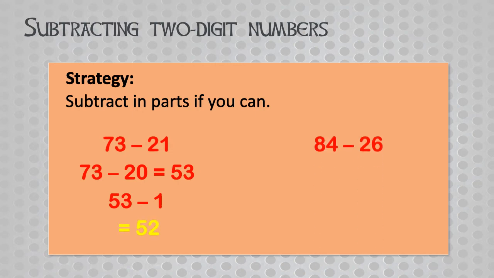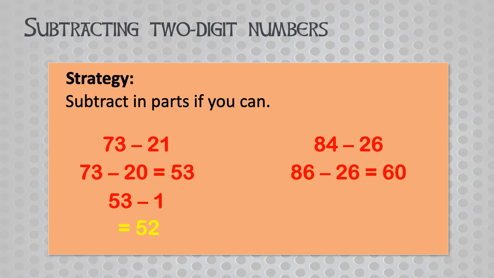Let's look at this. 84 take away 26. I know what to do. 86 take away 26 is equal to 60. See what I did there? I added 2 to 84, which gave me 86. It made it easier for me to subtract 26 from 86.